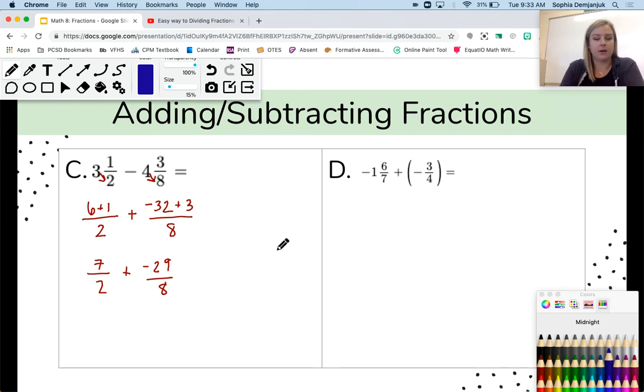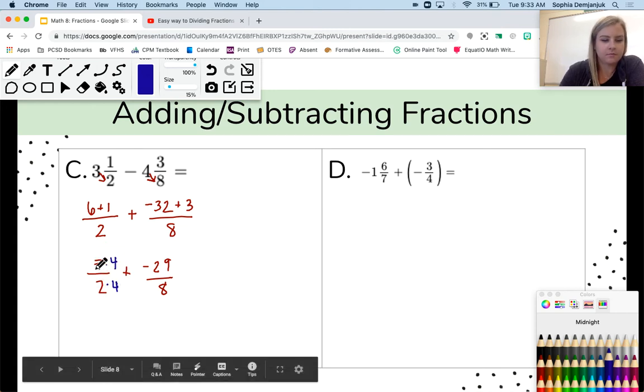And then I need to keep going. So I need to make sure that I have common denominators first. The least common denominator, instead of making these into 16, I know that I can turn this 2 into an 8 by multiplying the top and bottom by 4. 7 times 4 will give me 28 over 8.